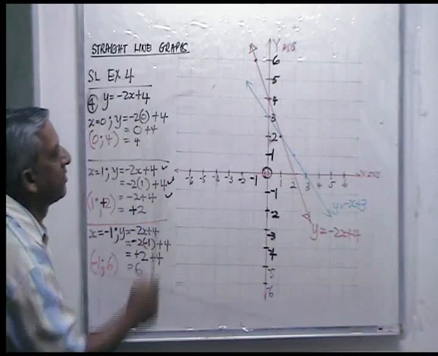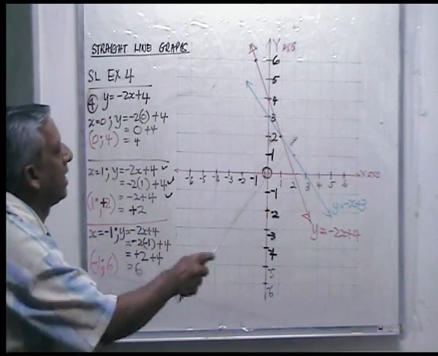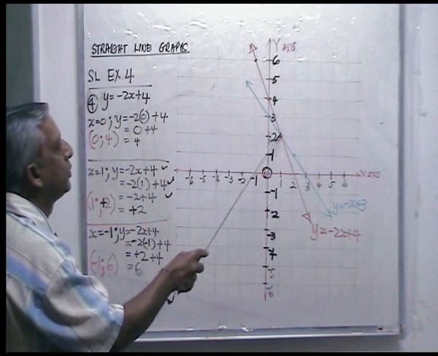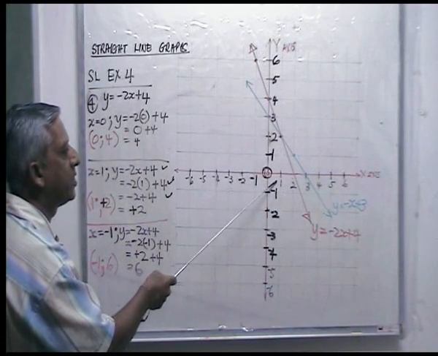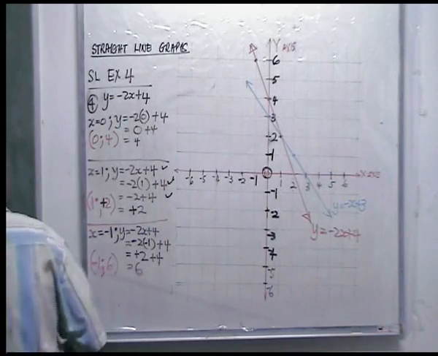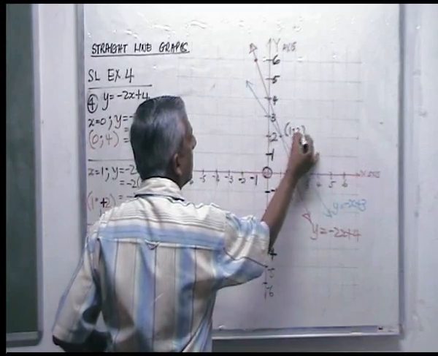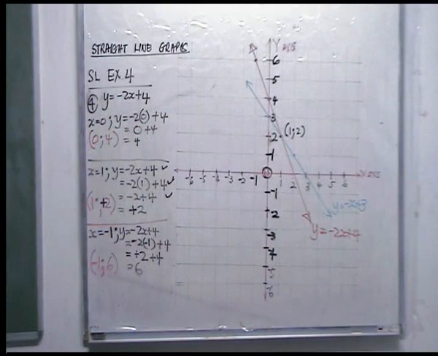Remember, I have to say 1, 2, because x must be stated first, then y. So these two lines are actually intersecting at the point 1, 2. That's a nice little observation to make in this particular example.